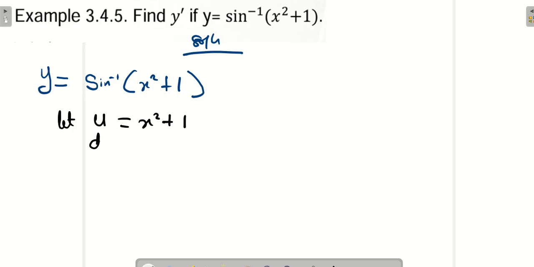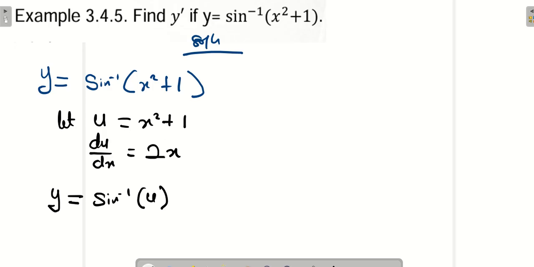Then we know that du dx is equal to 2x. Now we can substitute it back into the expression to get y is equal to sine inverse of u. Now we can differentiate dy du.